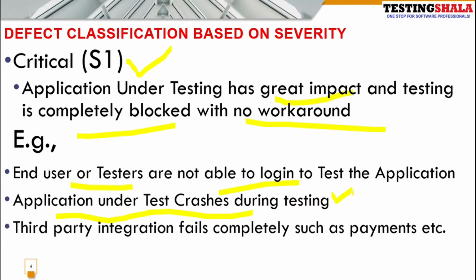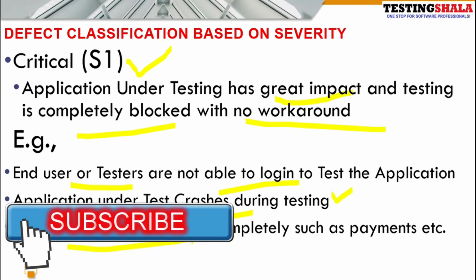For example, in an e-commerce application, we have third-party integrations such as accessing credit card information, bank information, payment gateways, or order management, and so on. There are various third-party integrations in a given application. If some of those integrations fail, that leads to a critical issue. So these are some examples of critical severity.